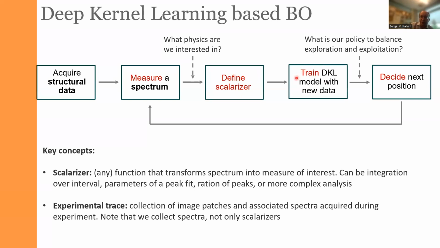You train the deep kernel, you do the measurements, of course. You train the deep kernel learning model. You define the policy to balance exploration and exploitation. You decide next position, and then you continue the process. So this is how we run the active learning experiment on SPMs or electron microscopes.